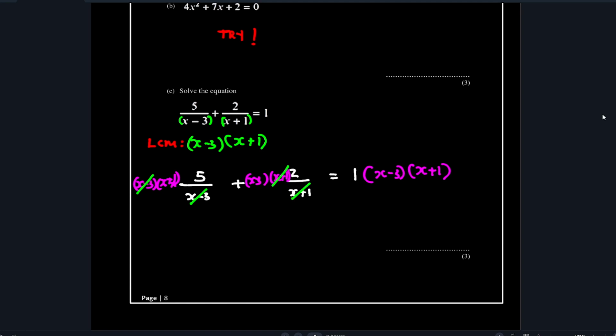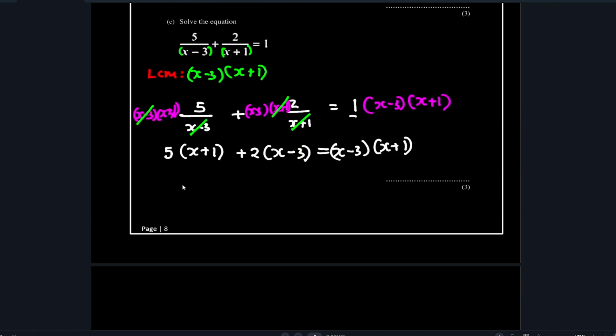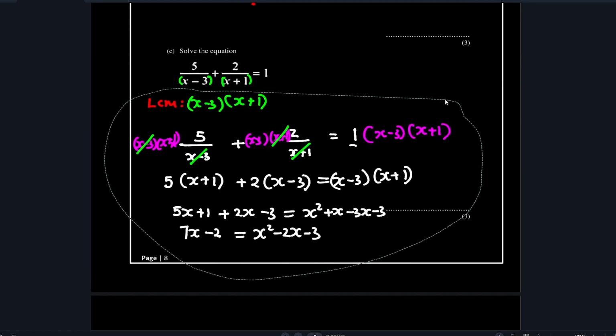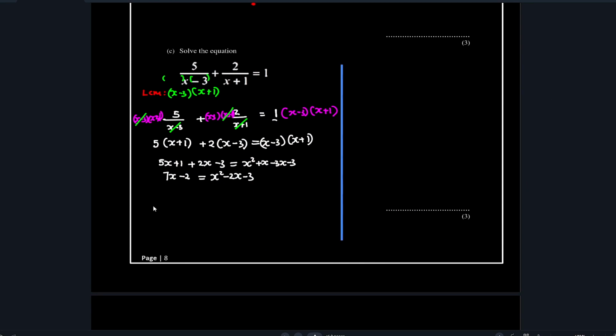On the right hand side, nothing is going to cancel out. You're going to expand and then put the like terms together. So we shall have 5 into x plus 1 plus 2 into x minus 3 equals that, because this one has no effect, so we're going to expand that. Now we shall expand everything that we have and put the like terms together.